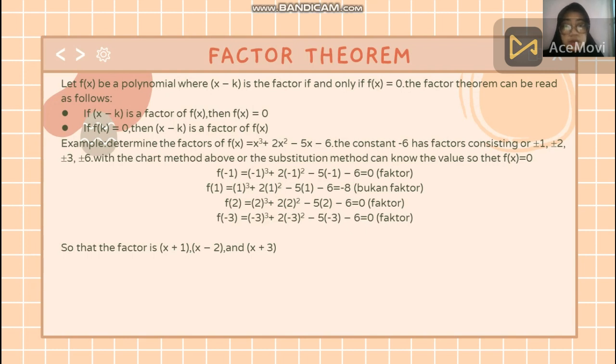Next, f(2) equals 2 to the power 3 plus 2 times 2 to the power 2 minus 5 times 2 minus 6 equals 0, which means it is a factor. f(-3) equals (-3) to the power 3 plus 2 times (-3) to the power 2 minus 5 times (-3) minus 6 equals 0. This means it is a factor. So the factors are x plus 1, x minus 2, and x plus 3.